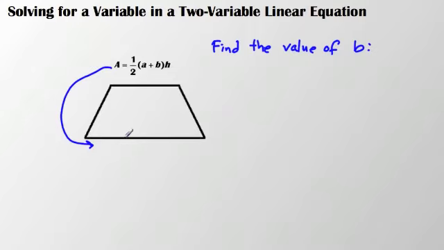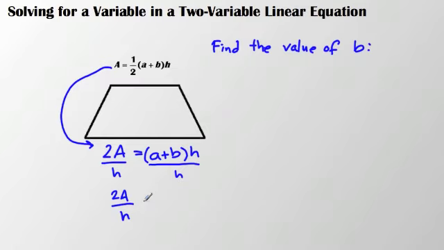First thing I would do is multiply both sides by 2 to get rid of that 1/2, and I have 2A equals, in parentheses, a plus b, times h. Then the next thing I would do is divide both sides by h, because you want to work around the parentheses, and then I have 2A over h equals little a plus b.